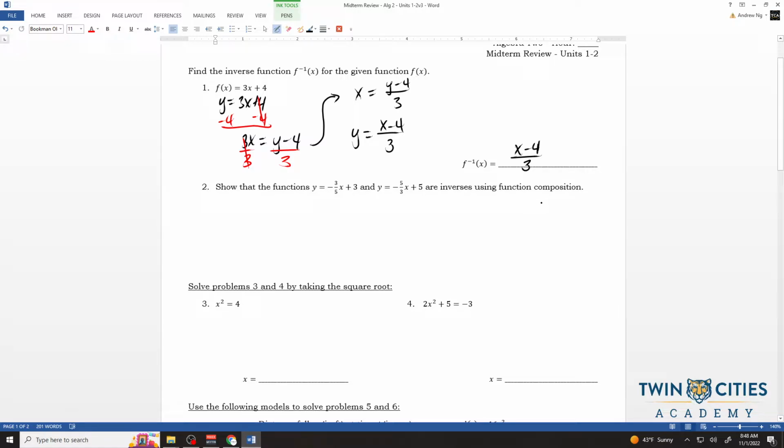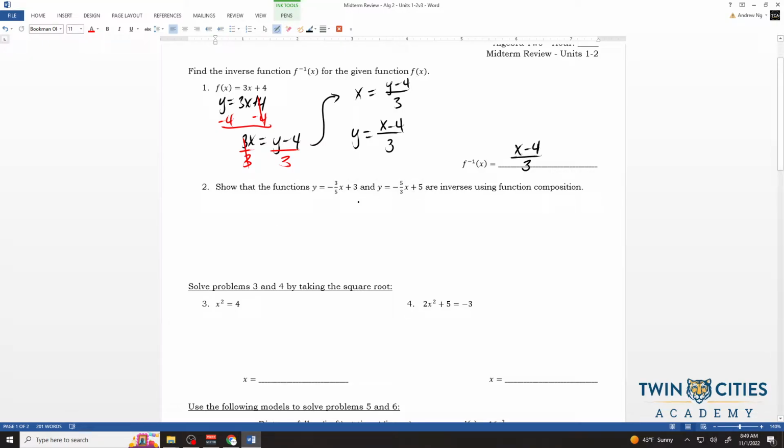If I plug one function into the other, I can then simplify this, and if I get back just x, this shows that they are inverses of each other. If, however, I plug one into the other, it's called function composition again, and I get anything else but just x, let's say it's x plus 3 is what remains at the very end, then this shows that they are not inverses. So I have to get just x.